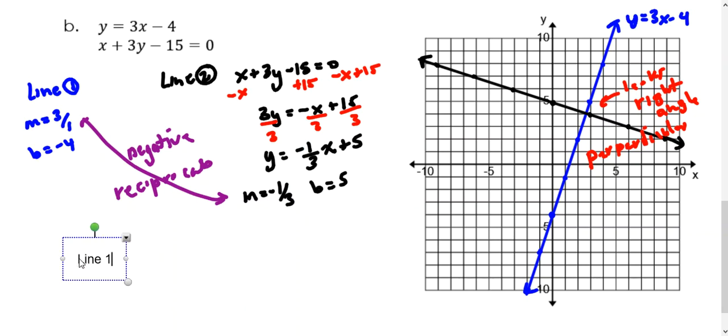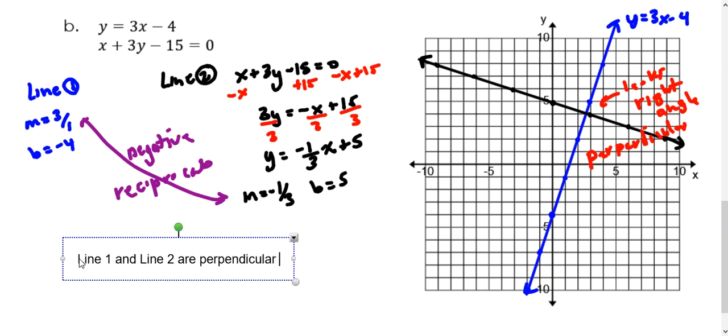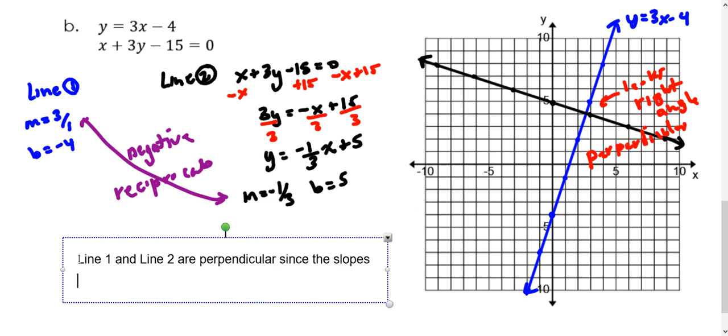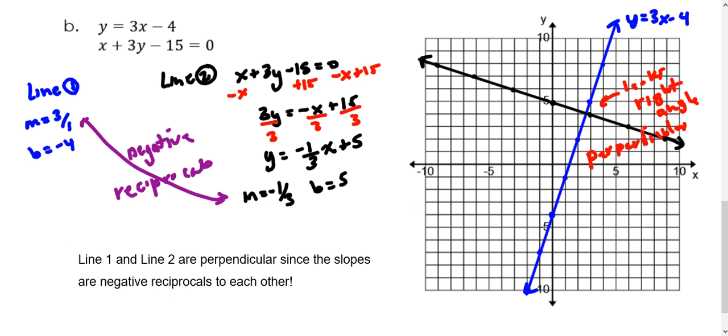So line 1 and line 2 are perpendicular, since the slopes are negative reciprocals to each other. Done. All right. And I'm going to go back and just tidy this one up. So this equation was y equals negative 1/3 x plus 5.